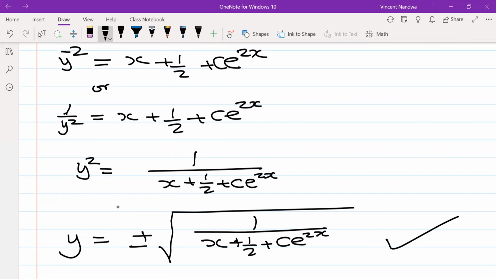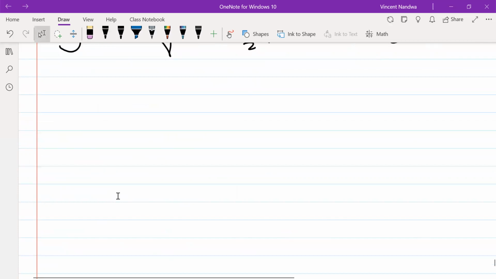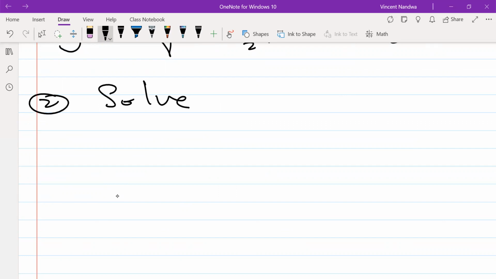Let's quickly solve another problem on Bernoulli equations. And the problem reads, solve number 2, dy dx plus y over x equals to 1 over x y squared.